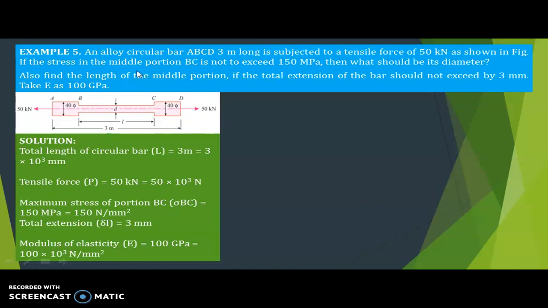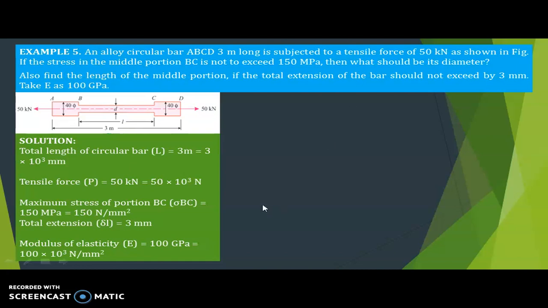Then the maximum stress in the middle portion is not to exceed 150, so stress is equal to 150 Newton per millimeter square, because this is 150 MPa. 150 MPa means 150 into 10 raised to 6 Newton per meter square. If you convert it into millimeter, it becomes 150 Newton per millimeter square.